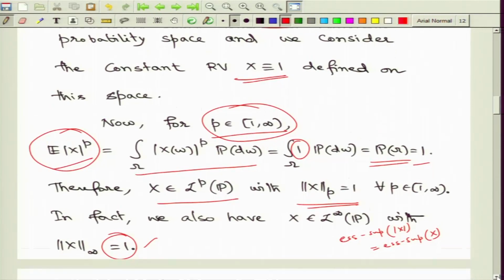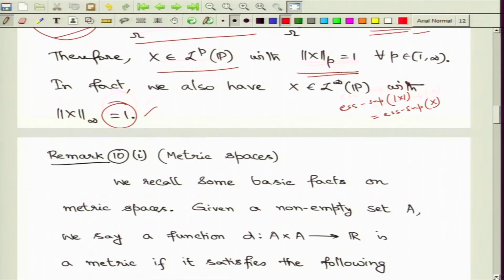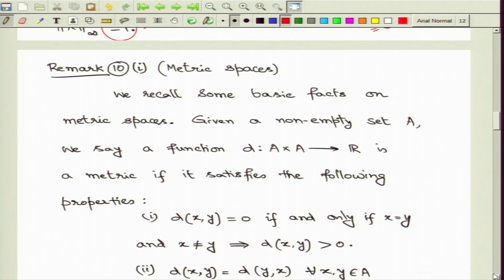Okay. So, let us discuss some other interesting exercises, but before that we need to recall some concepts from metric spaces. These are certain basic facts about metric spaces, and if you are not familiar with these concepts, I would request you to go back and check them from your advanced real analysis textbooks.